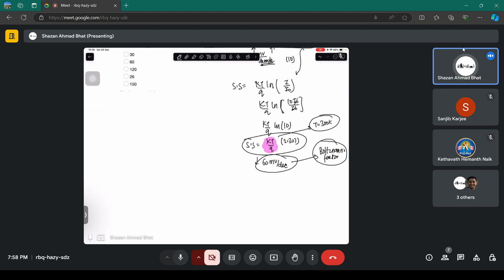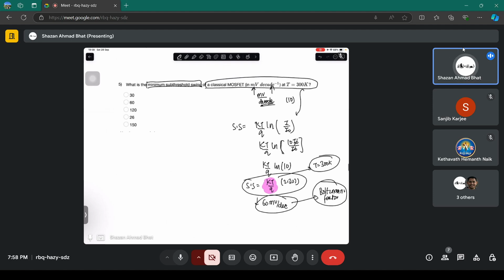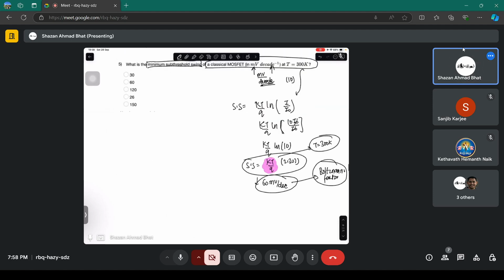The gate voltage point is important here. That is the important concept of subthreshold swing. So the overall answer to the question is 60 millivolts per decade. You cannot go below this value. It's the minimum value set by the Boltzmann distribution, the Boltzmann factor, because this is a temperature dependent thing. That's why the temperature has been mentioned here.